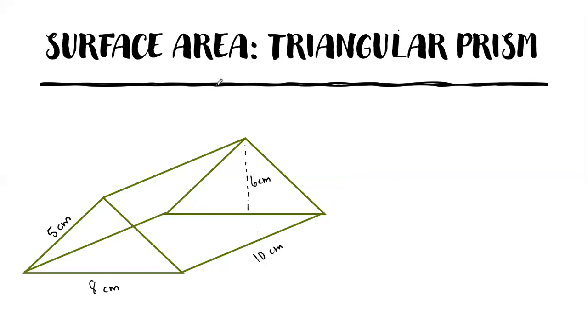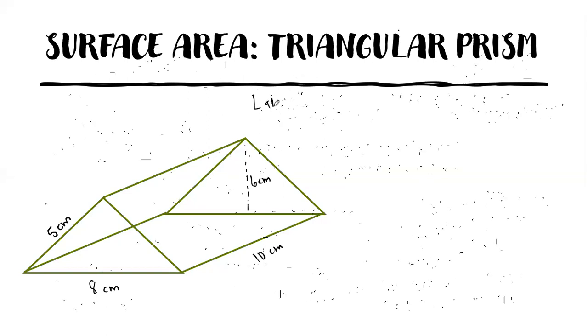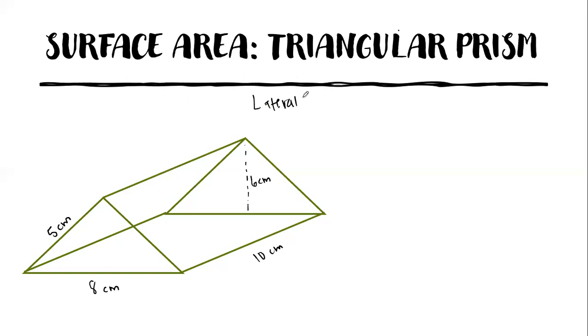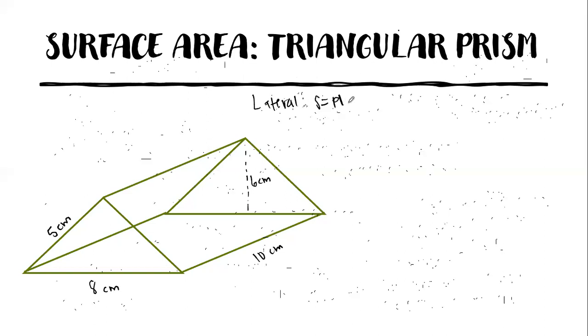So for lateral surface area, it's the same formula as the rectangular prism. So S equals PH. For total surface area, it's S equals PH plus 2B.